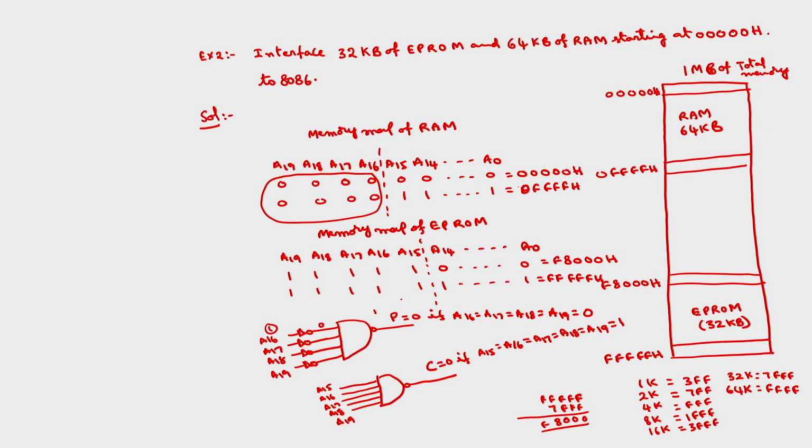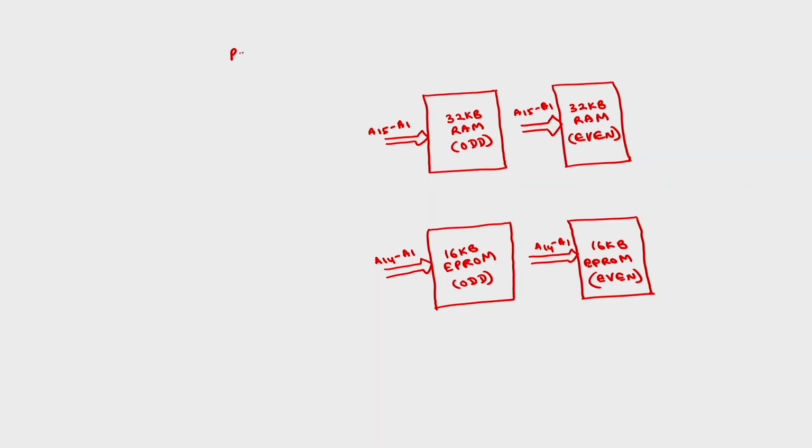So I am using two signals, P and C. Using P and C, I will select the memory banks. P is 0 for all the RAM locations, and C is 0 for EPROM locations. Now, how to select the chip selects of these 4 ICs?